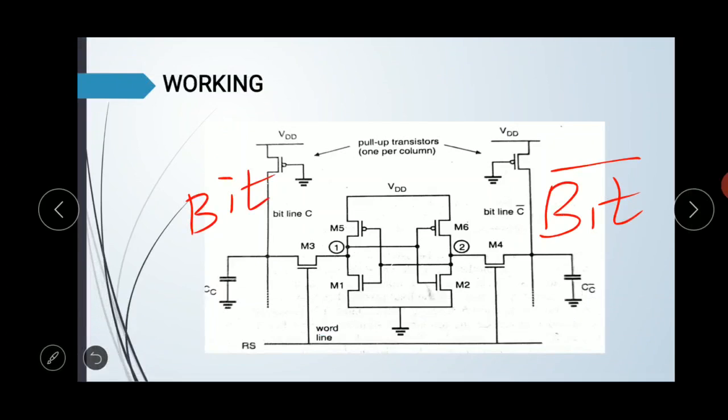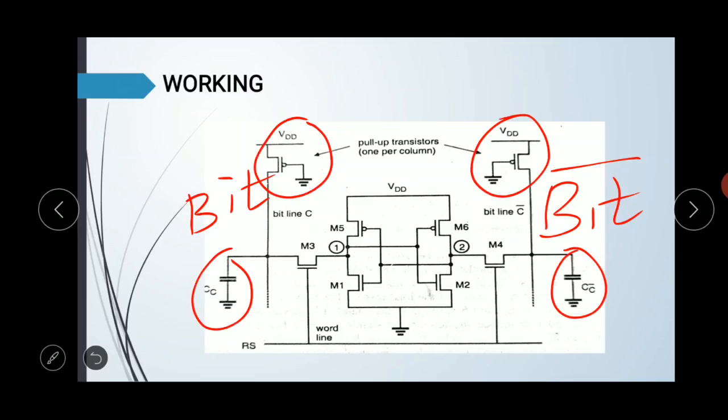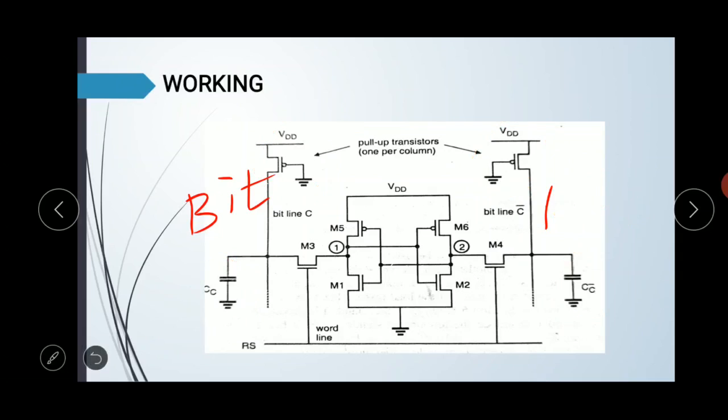These are 2 transistors used to charge these 2 capacitors. Always before any operation we charge these 2 capacitors, and that operation is known as the pre-charge operation.